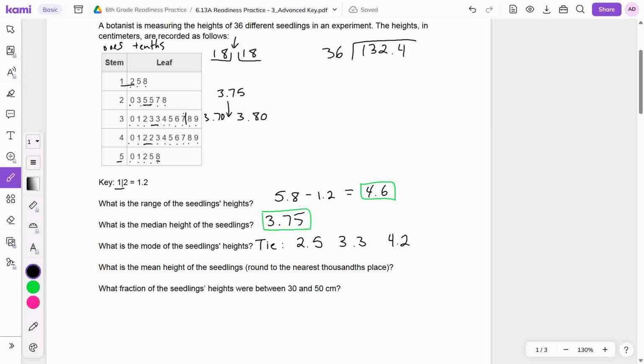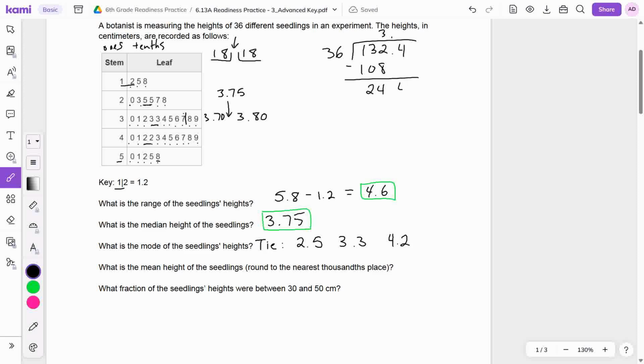And I'm guessing it's going to be kind of close to 3.75 since that is my median. And let's see, so 36 goes into, I believe it's going to go in 3 times. Yeah, so 36 times 3 is 108, and that is going to be 24.